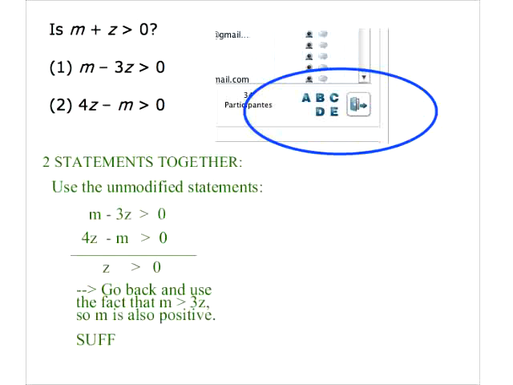Still sufficient, still C. And then, because you guys probably like magic tricks, here's a fun magic trick you can also do. You can do 5 times the first statement for no particular reason. That'll give you 5m minus 15z.